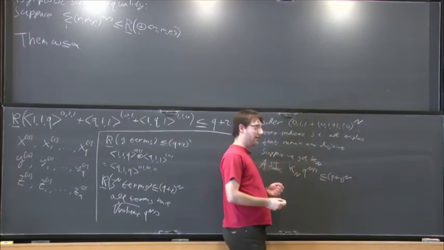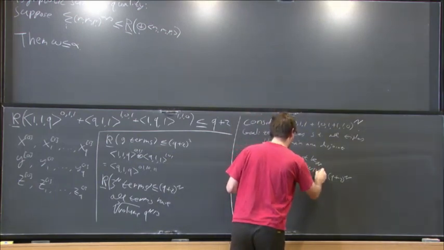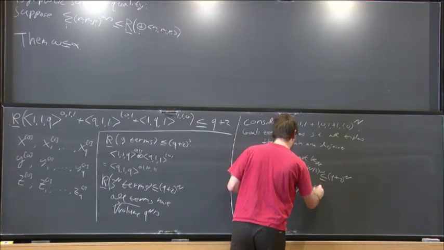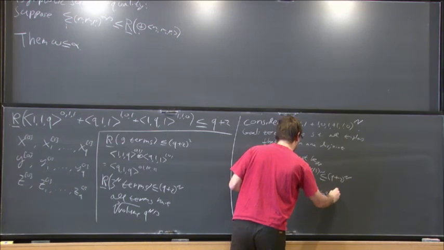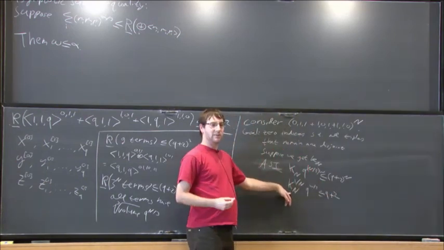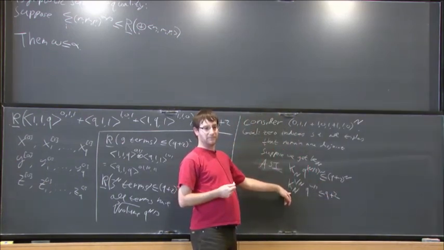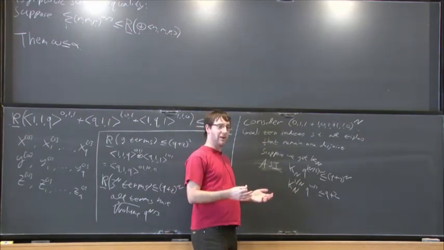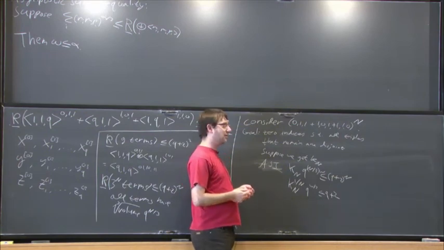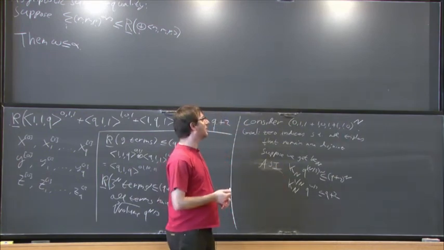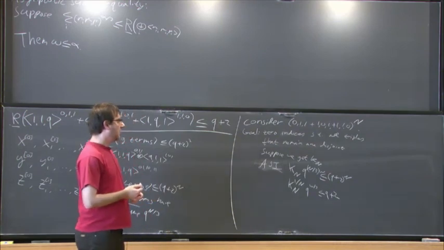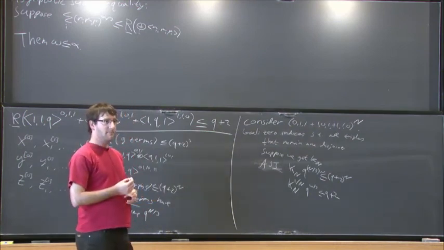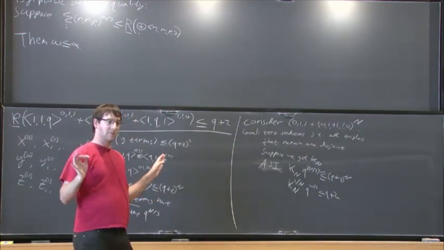And now we take the nth root, so we get, oh, there's an omega here: K_n to the 1/n times q to omega over 3 is at most q+2. So we're really interested in the limit of this quantity. And once we find a good bound for it, then this will give us a bound on omega. We'll have to optimize over q also, but I can tell you it's q equals 8, I think, in this case. And this will give us the bound. So now it's a purely combinatorial problem.